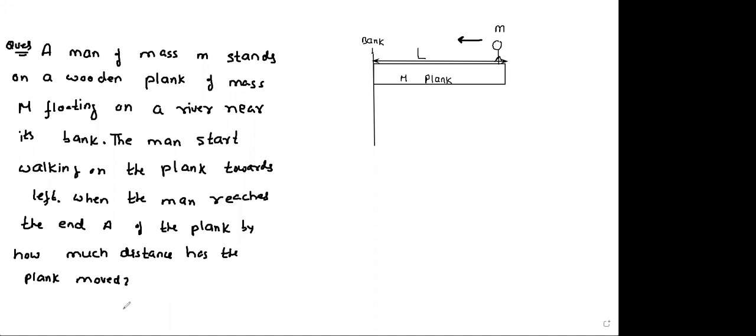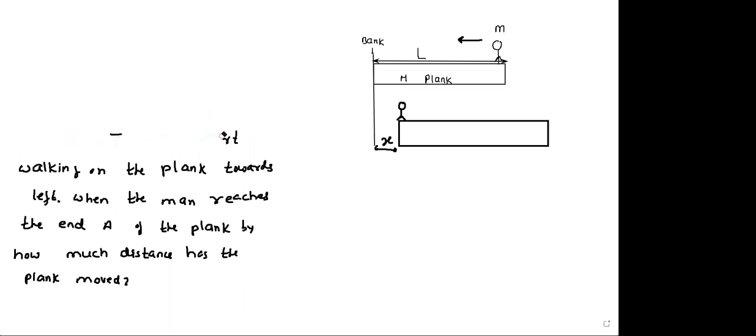So if this man starts moving towards the bank, then this plank will move backwards. Let's say the plank moves here. You have to decide, when this man reaches this end, how much distance the plank covers.